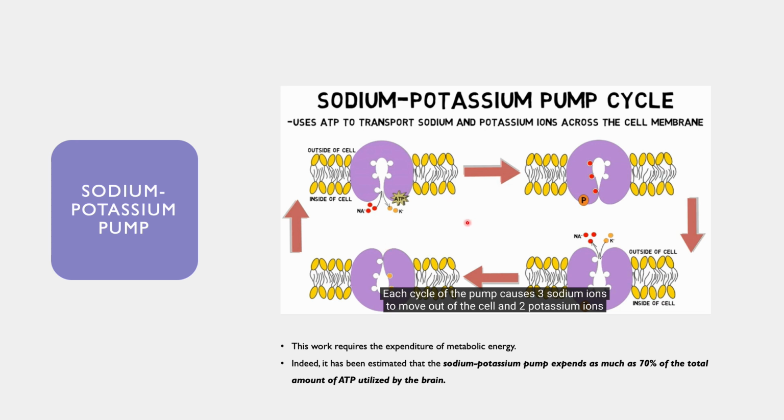This is a cycle that continually occurs throughout the body to ensure that we have proper movement of these 3 sodium ions out to the extracellular fluid and bringing these 2 potassium ions back into the cell. And this is driven by ATP.